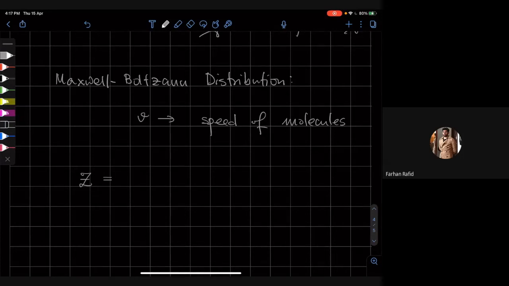So we take a free particle and integrate over the spatial degrees of freedom. If our ideal gas has a finite volume, then integrating out the spatial degrees of freedom just gives me the volume of the container that the gas is in, right?